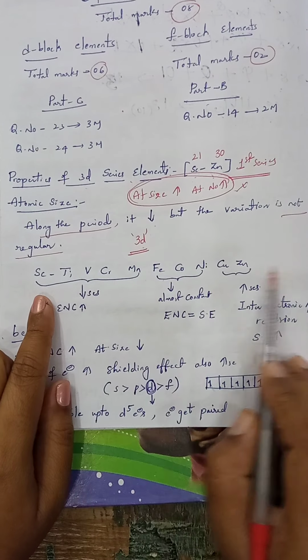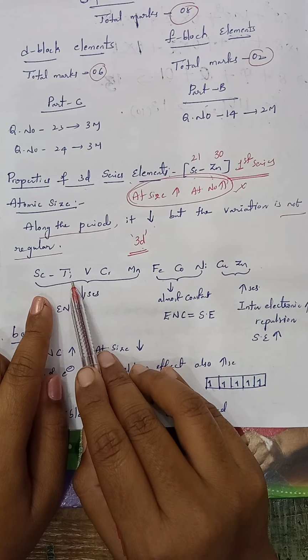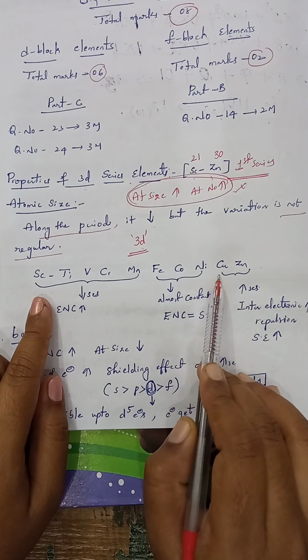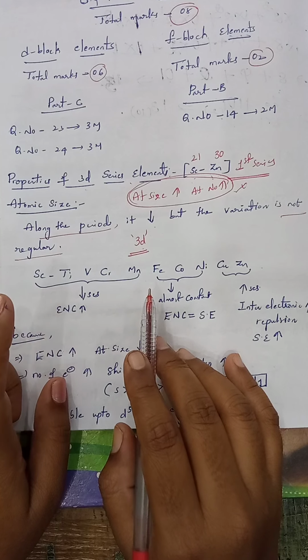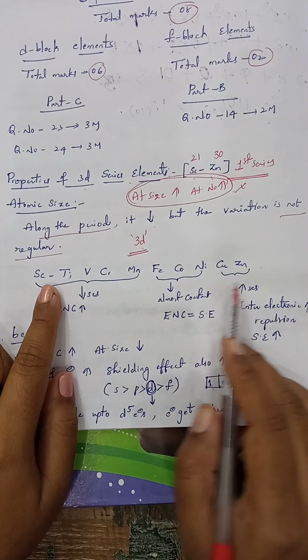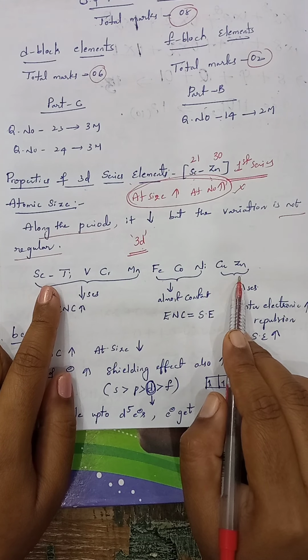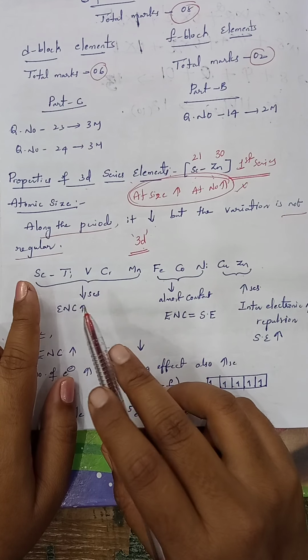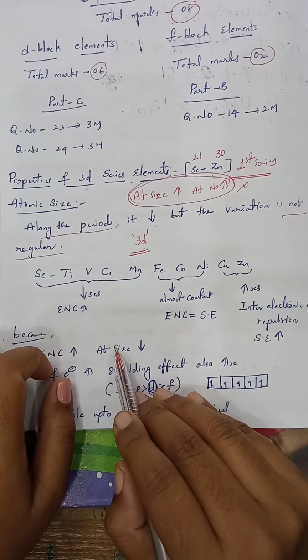These are the elements present in the 3D series: scandium, titanium, vanadium, chromium, manganese, iron, cobalt, nickel, copper, zinc. The atomic number of scandium is 21, and the atomic number of zinc is 30. For these 3D series elements, now we want to observe the change in atomic size.